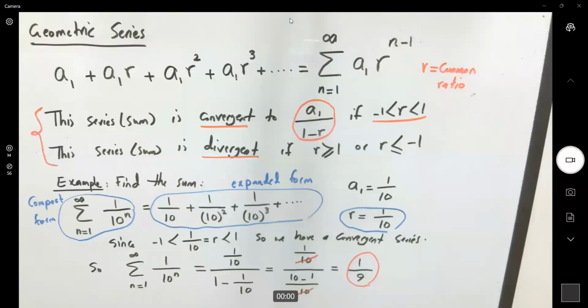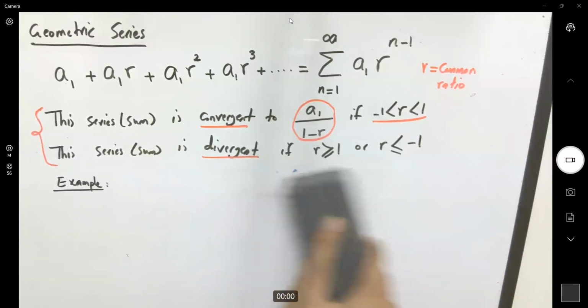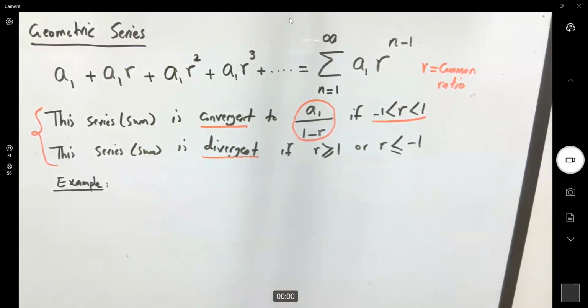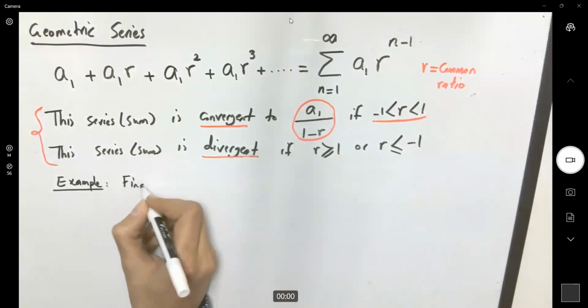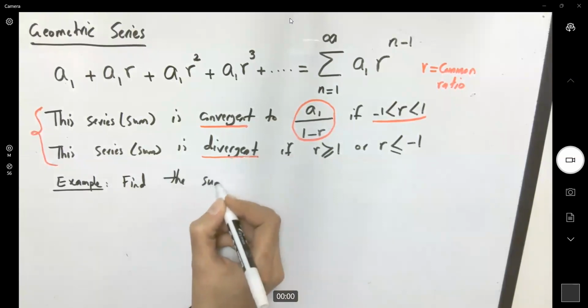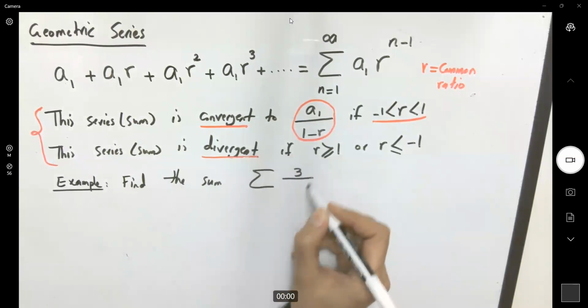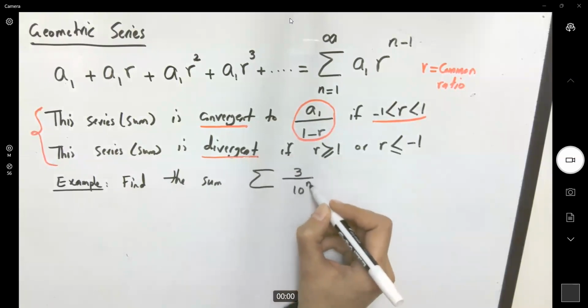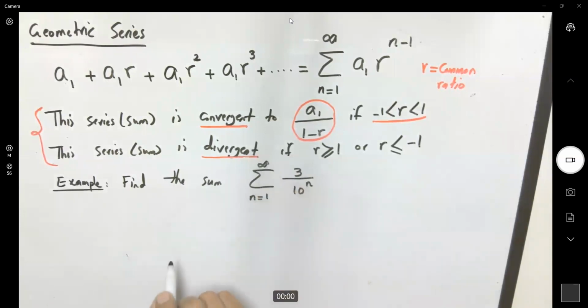Very good. Let's take a look at this example. The question says, find the sum of, now I'm going to change this and write it as the sum of 3 divided by 10 to the power n, and n starts from 1 and goes to infinity.